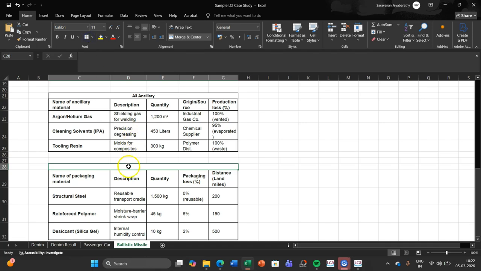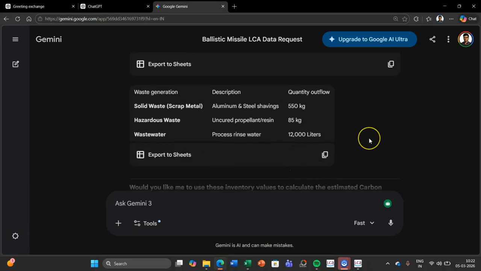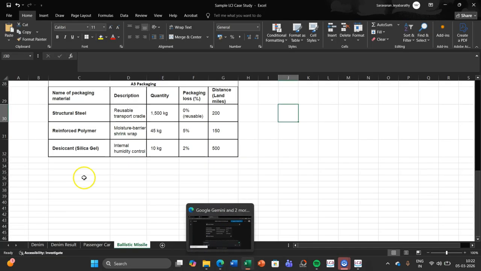Okay, A3 packaging. Okay, next. Yes, waste flow during the production. A3 waste.